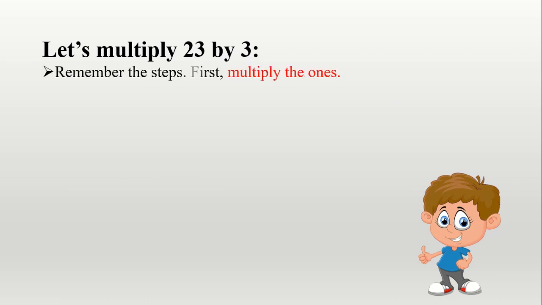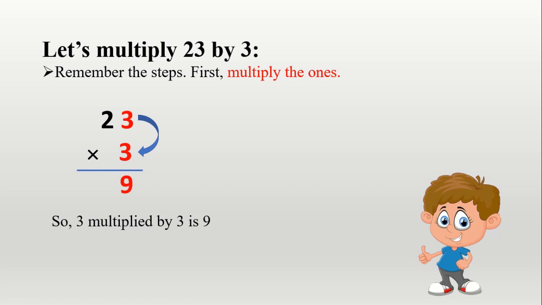Let's try another example. Multiply 23 by 3. Remember the steps. First multiply the ones. We multiply 3 by 3 and we get 9 as a result. So we write the 9 under the ones place value. Then we multiply the tens.